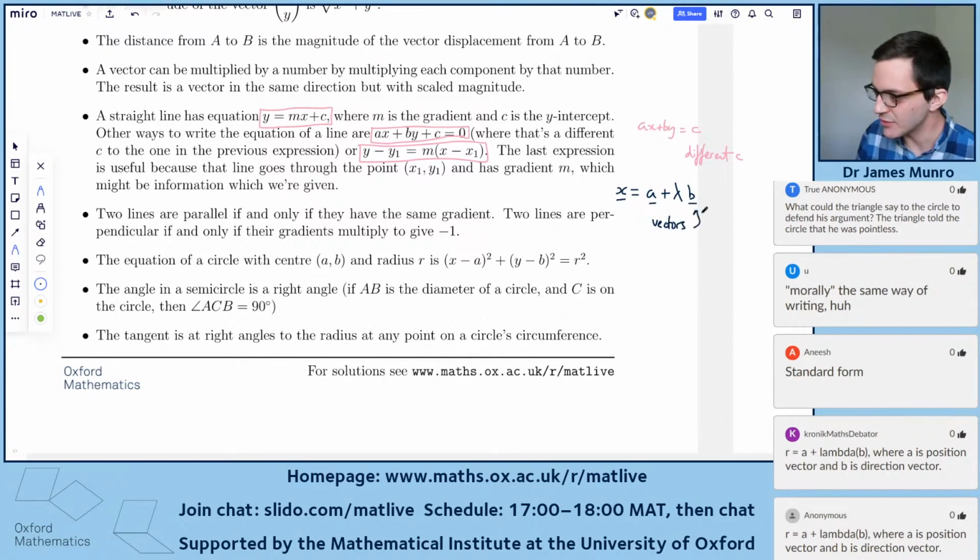Okay, yeah, that's a good expression if you're happy working with vectors. Lambda is some scalar that you vary, so it sort of says start at A and then go in the direction of B, using lambda to decide how far you're going, either positive or negative. Good, yeah, and somebody's called me out for saying morally, but I kind of mean it.